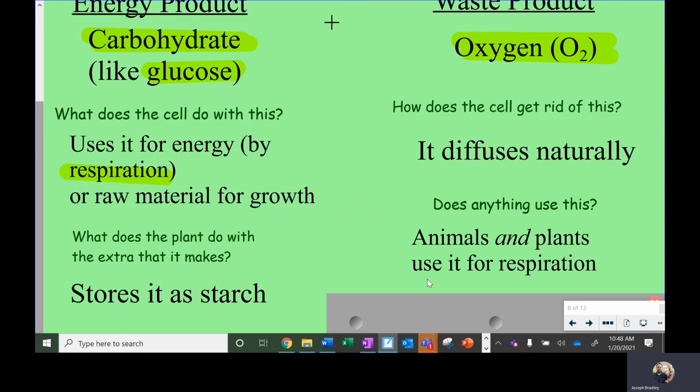That's a key thing. A lot of students get confused by the fact that plants are actually doing respiration and also breathing in oxygen. It's just that during the summer and spring when they're doing a lot of photosynthesis, they're producing more oxygen than they are consuming. All the oxygen that we breathe is produced by photosynthesis.